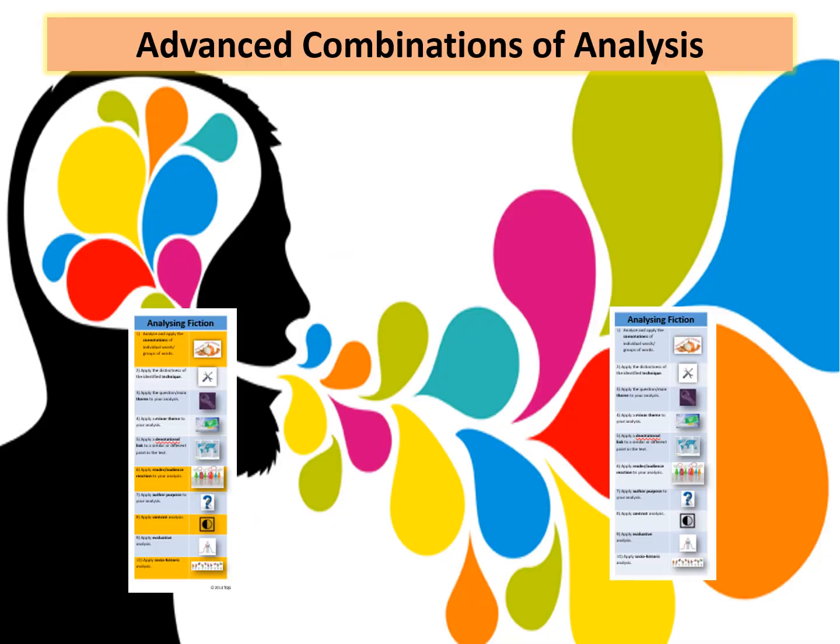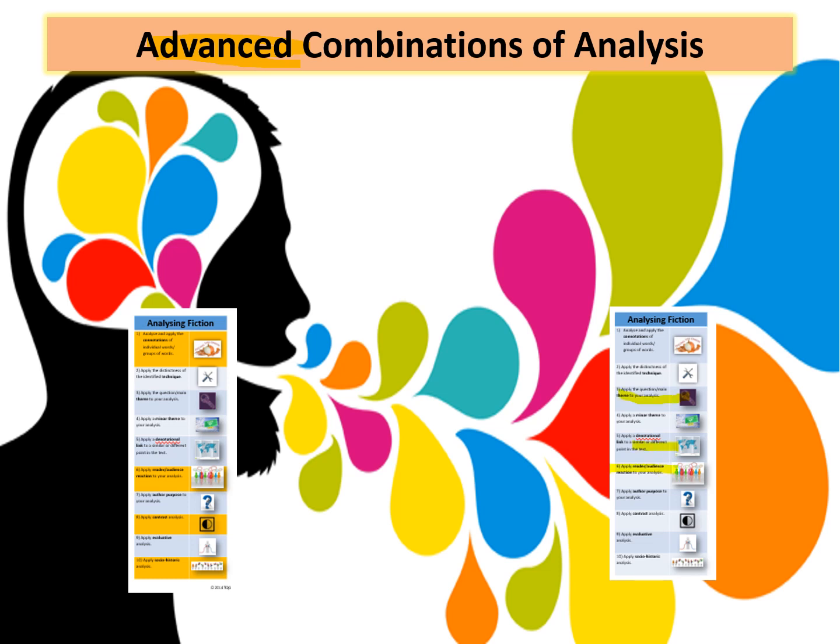Okay, so now we've been through all 10 types of analysis, and now we've seen 5 distinct types of analysis combination. There are, of course, more advanced combinations of analysis that we could use. And you could really use these in any way that you wish.